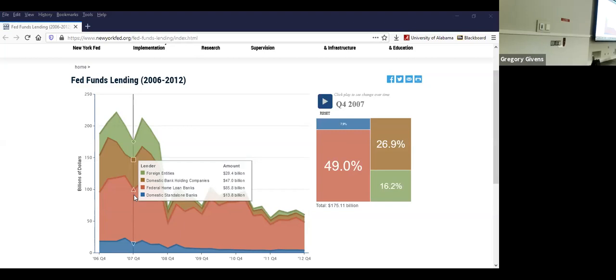The brown region are domestic bank holding companies. Do you guys know the difference between a bank and a bank holding company? I know this is an econ class, but unfortunately, because it's monetary policy, there's a lot of finance-y stuff involved. A bank holding company is like one of these big banks like JP Morgan, Bank of America.